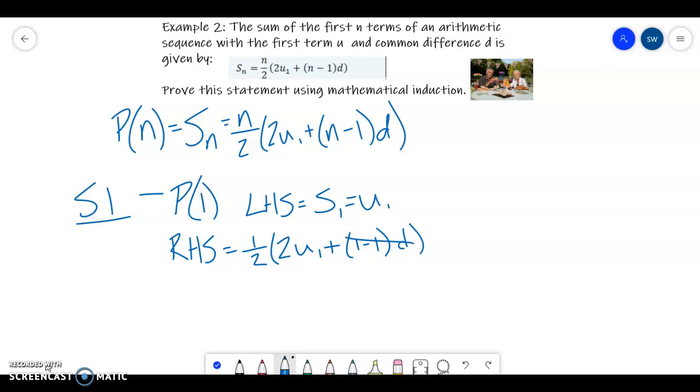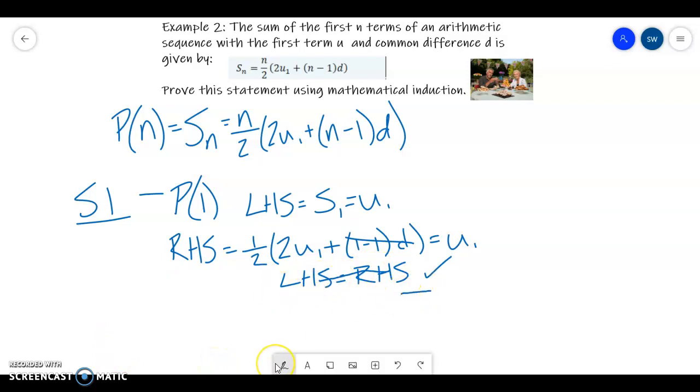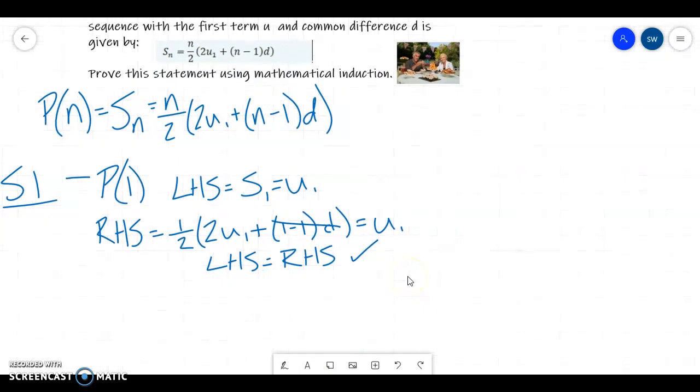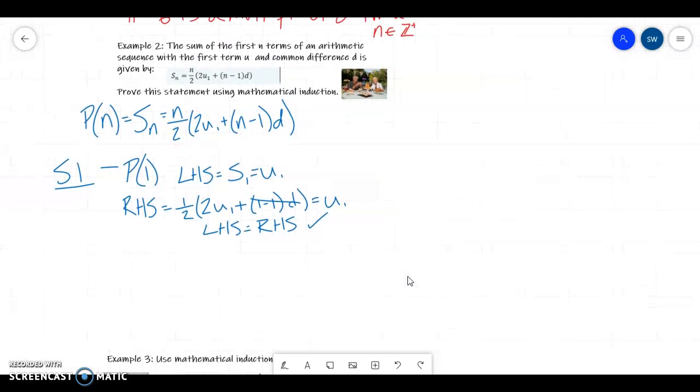Well, obviously that goes away, and then you're just left with 1/2 times 2U1, which is just U1. So left-hand side equals right-hand side. Check. Done with that. So, let's start with step 2 now.